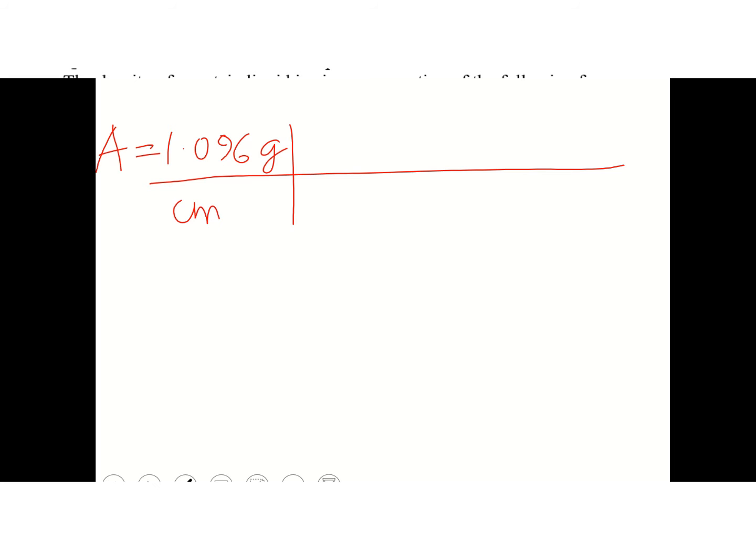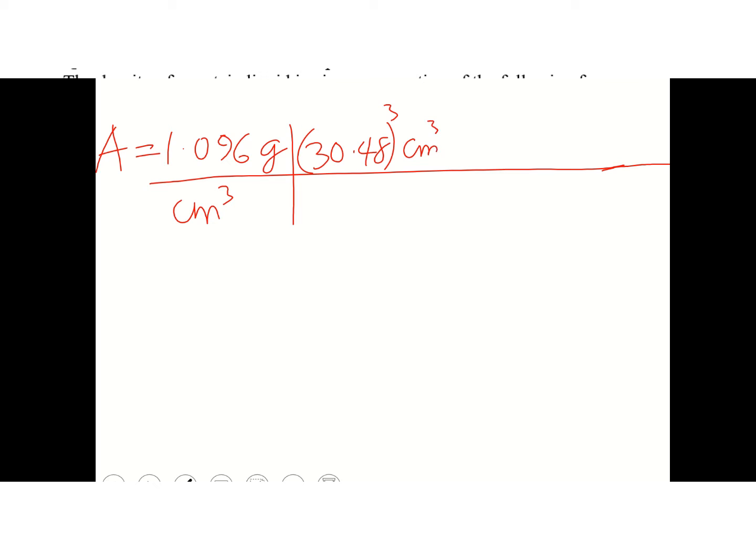So we are given that A is equal to 1.096 gram per cm cube. I will put gram up, then cm cube below it. So how many cm cube make 1 foot cube? I can use this unit of length; you can use other units if you want.